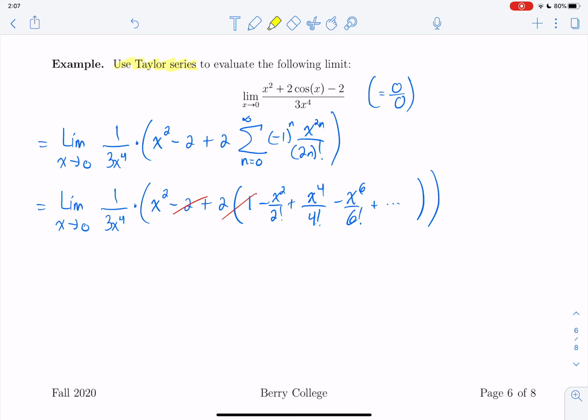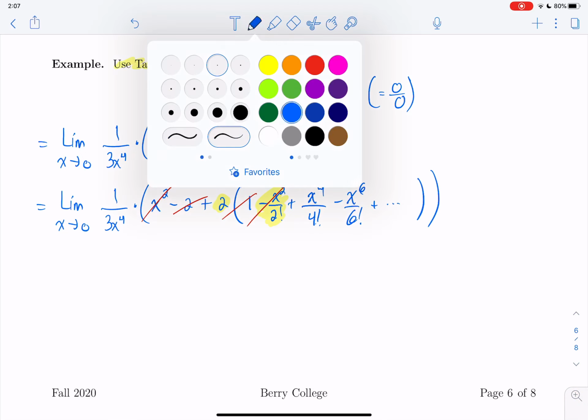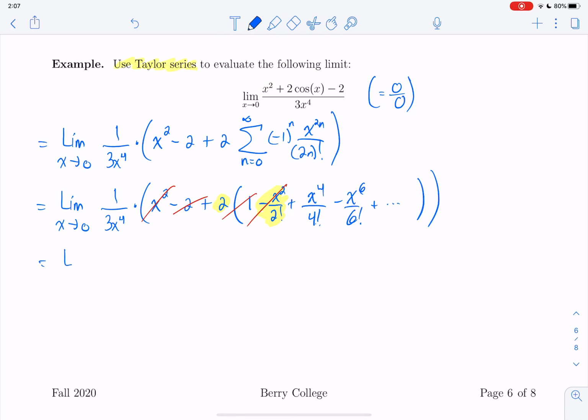And when I distribute this 2 onto the second term, the numbers are going to cancel, and then this x squared is going to cancel with that x squared term, leaving me with the limit as x goes to 0 of 1 over 3x to the 4th times.